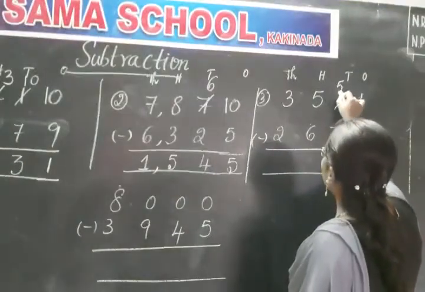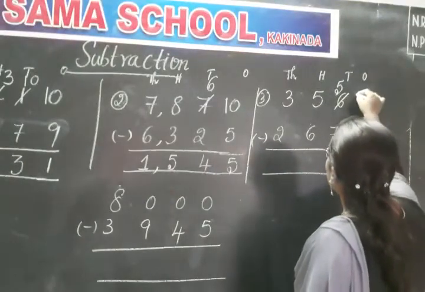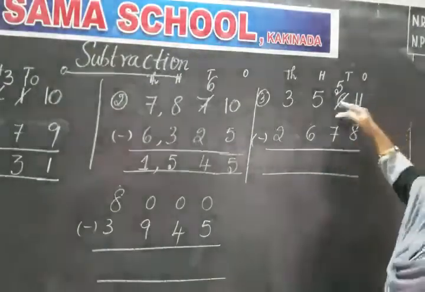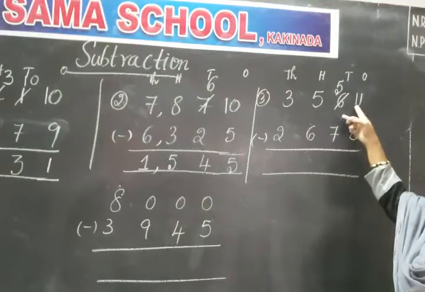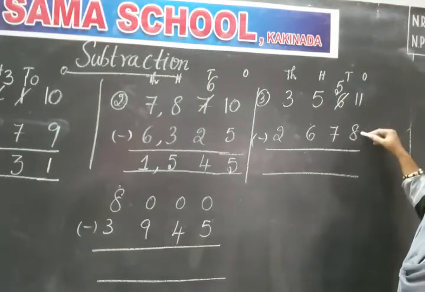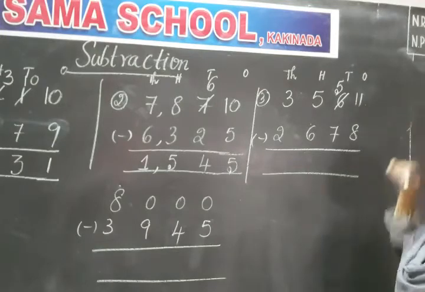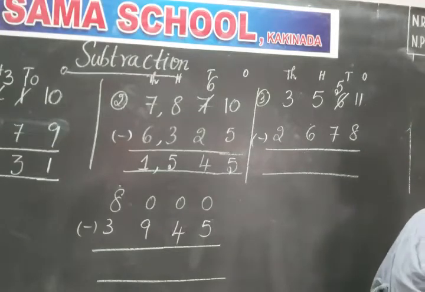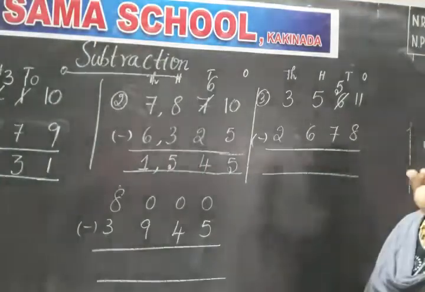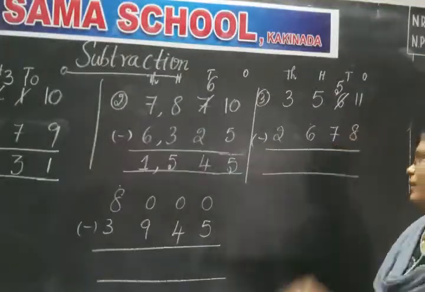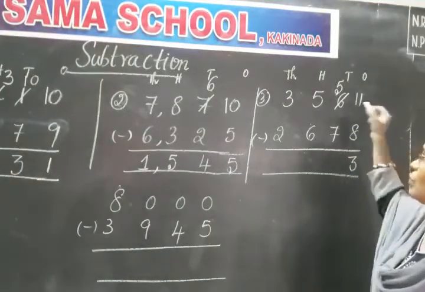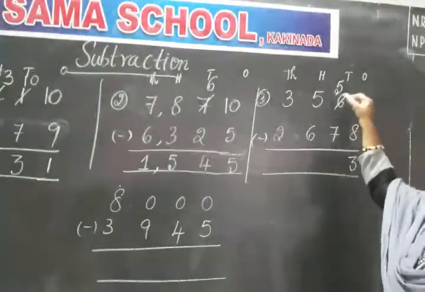So that will become 5 and this one becomes 11. As we have borrowed 1, it joins the 1 here and it will become 11. So 8 after 9, 10, 11. How much? 3. So write 3 here in ones place and move to the next place, that is tens place.